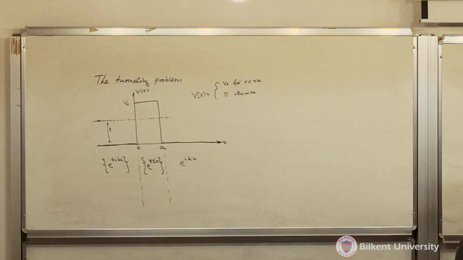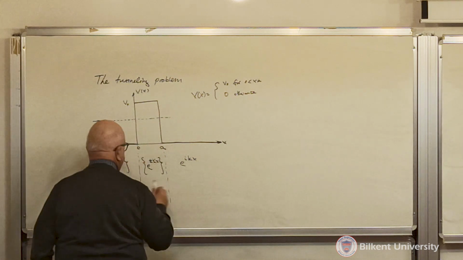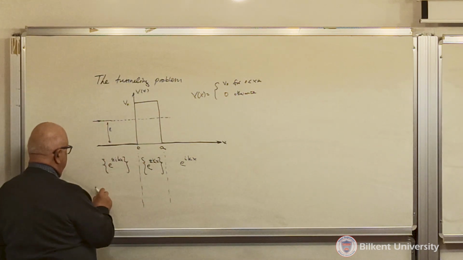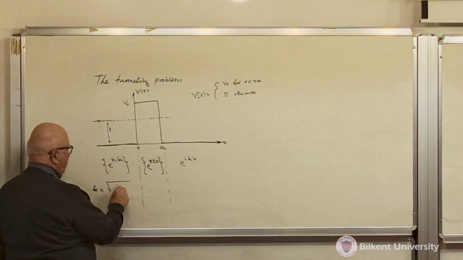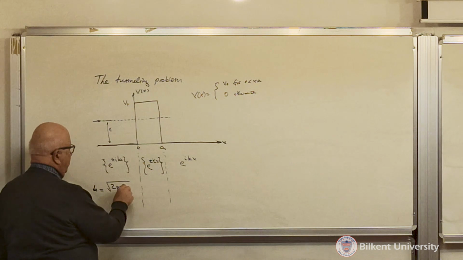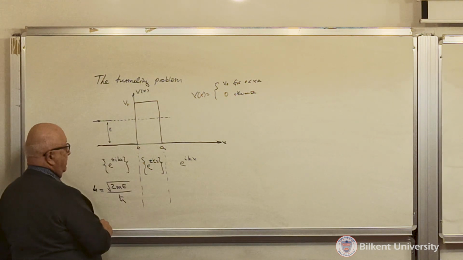Okay, so let's also specify what these k's are, small case and uppercase. So small k is going to be square root of 2mE over h bar.